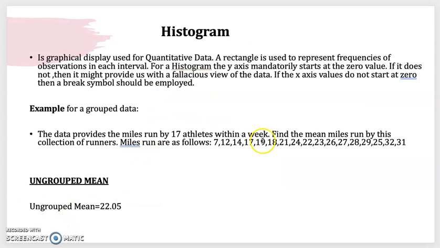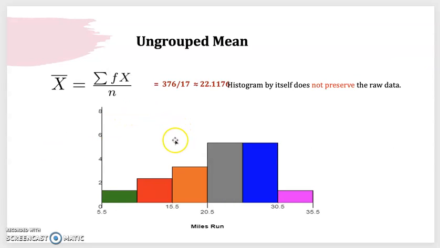So you can see, compared to the raw data, the original group mean is 22.05. So that's a little different after we organize the data to display the histogram graph. They do not exactly represent the raw data, but this helps us for the visualization.